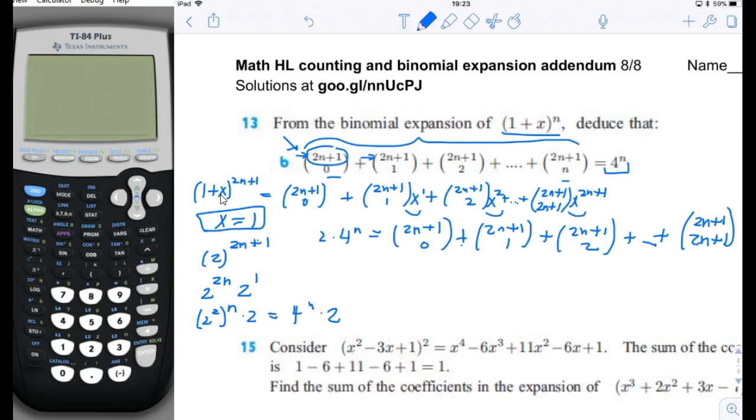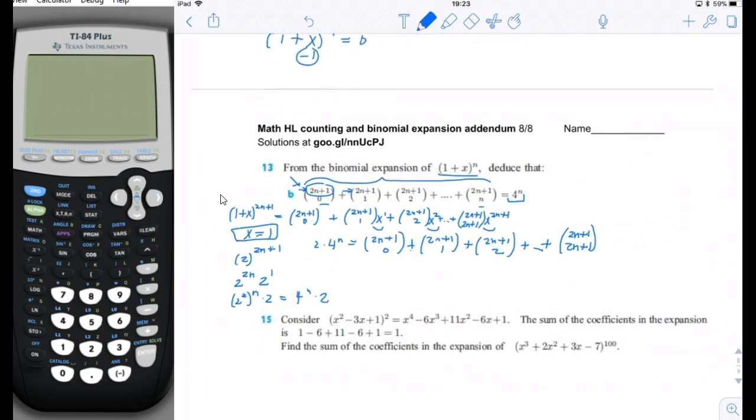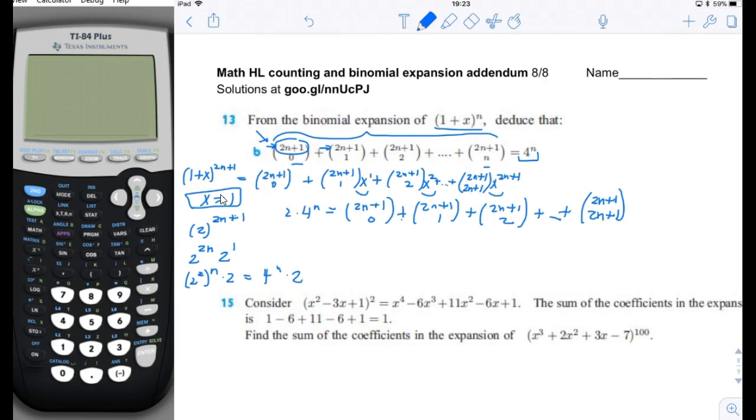Okay? How many coefficients do we have here? We have 2n + 2 coefficients, right? Because this is the (2n+2)th coefficient, because the first coefficient has choose 0.